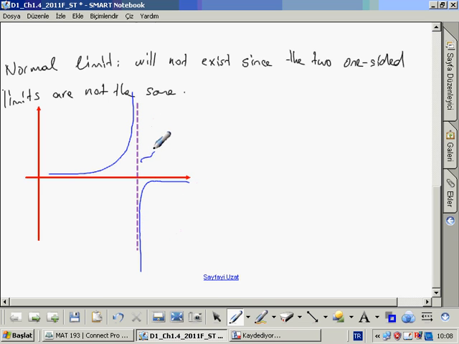This is the x equals 4 value, and this is the vertical asymptote, and this function is 3 over (4 minus x) cubed.